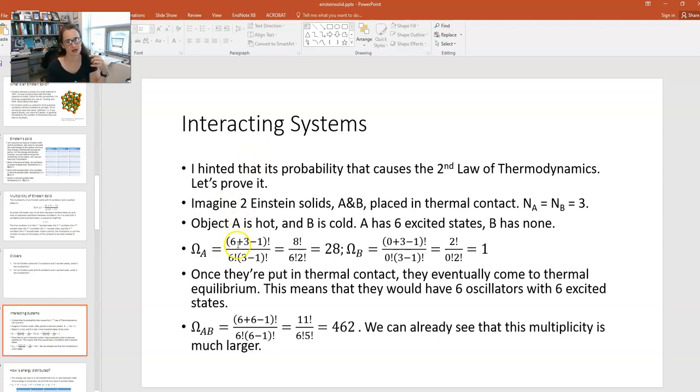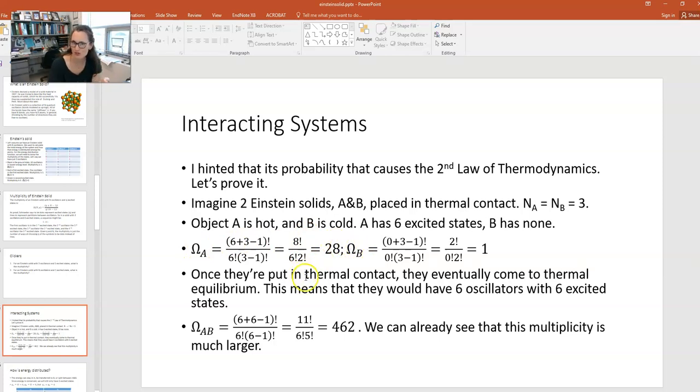So that's q plus n minus 1 factorial divided by q factorial divided by n minus 1 factorial. So for this particular scenario, with A having 6 excited states and 3 oscillators, that would be 8 factorial divided by 6 factorial divided by 2 factorial. When you do that, you get 28. So the multiplicity for the hot object is 28.